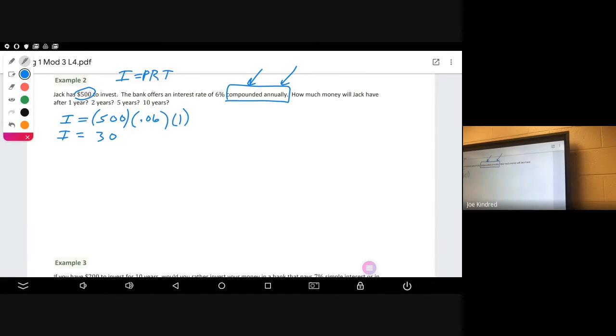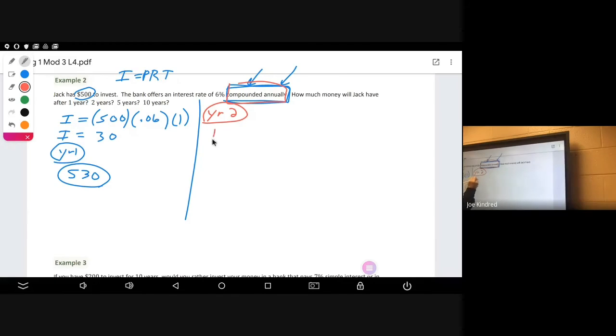So as we do this, it's going to be, on the calculator, 500 times 0.06. And that's 30. And so right now, after year 1, you have $530.